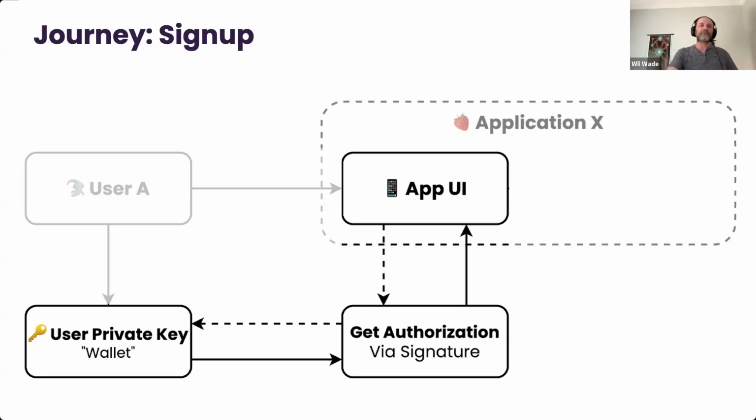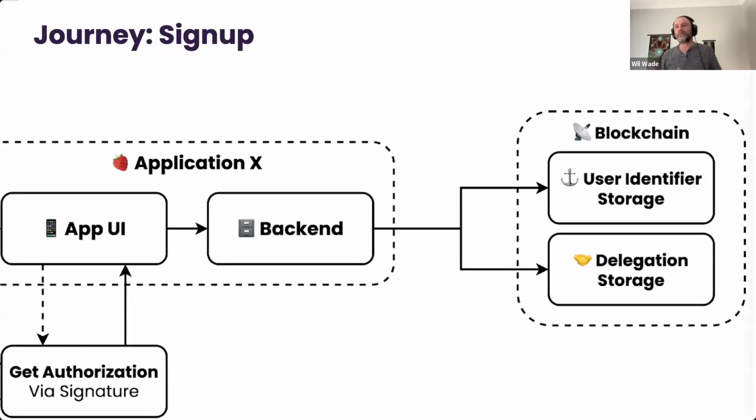After that application UI collects those signatures, it'll pass them off to a backend, which is then going to talk to the blockchain itself to interact and do actions with those authorizations. So that's using the capacity methods that we've talked about in the last frequency architecture series.